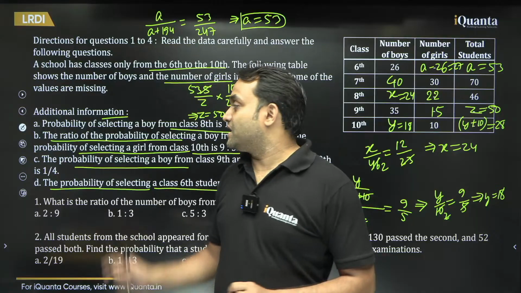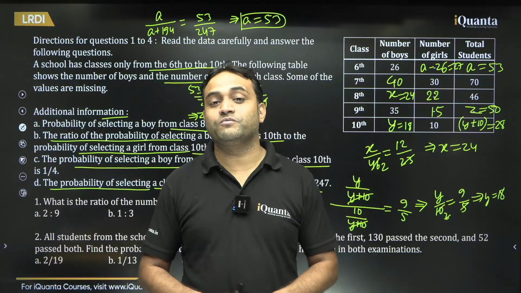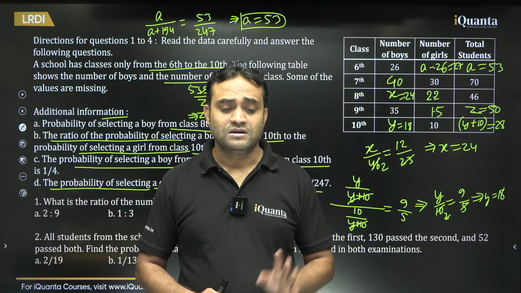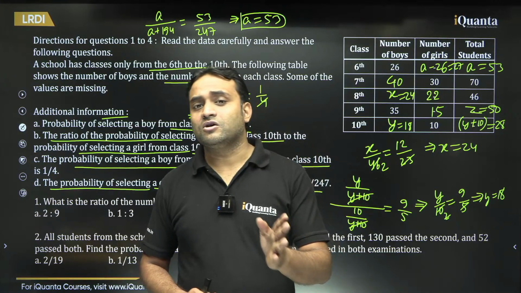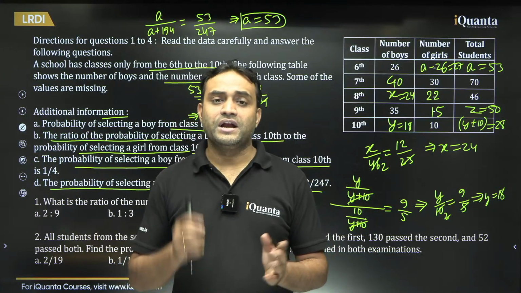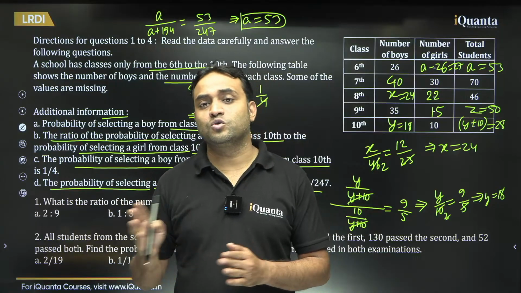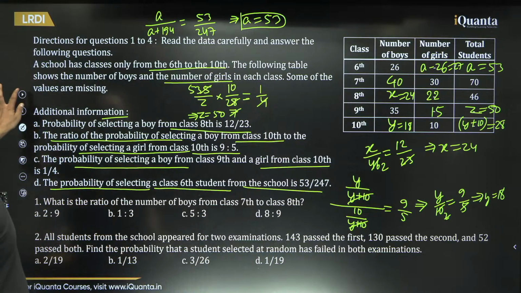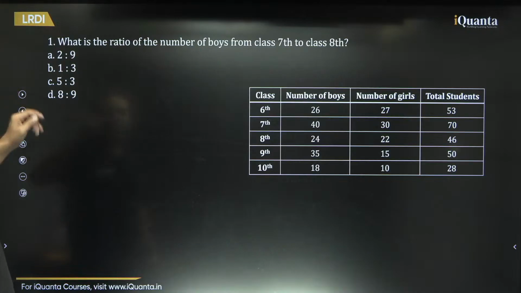And even if you are not aware of basics of probability, there is only one concept which is required here, that probability of an event is equal to number of favorable events upon total number of events. That's it. So, in that case, now let's solve these questions.